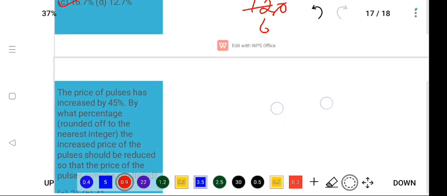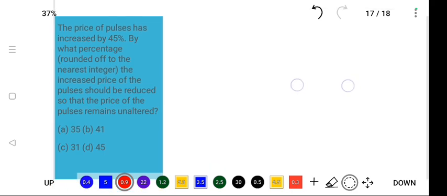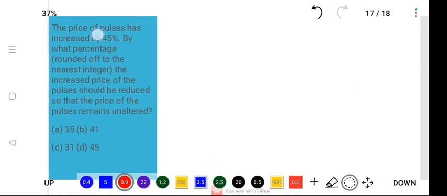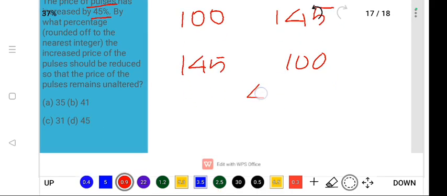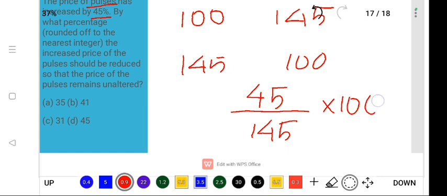The next sum. Here the price of the pulse is increased by 45%. So we should take 100 and here 145. The consumption should be like 145 to 100. How much is the consumption reduced? 45 divided by 145 into 100.